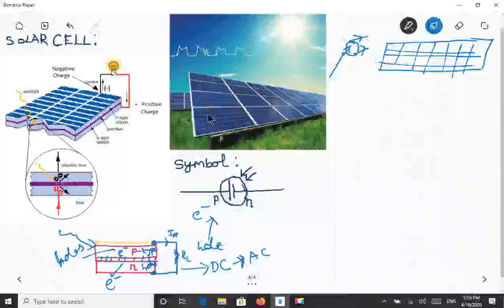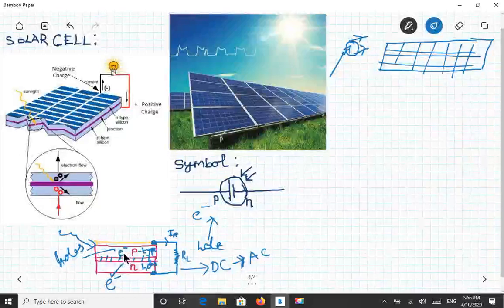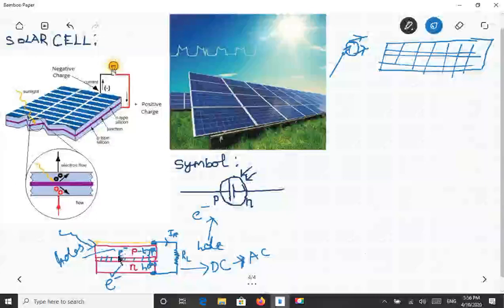So the sun photon hits the depletion region and there will be pair generation of electrons and holes. Likewise, many pairs are generated, millions and millions of pairs throughout the surface, so that the electron, which is the minority carrier in the P-type, will diffuse through this layer and reach the N. Likewise, the minority carrier hole will reach the P-type.